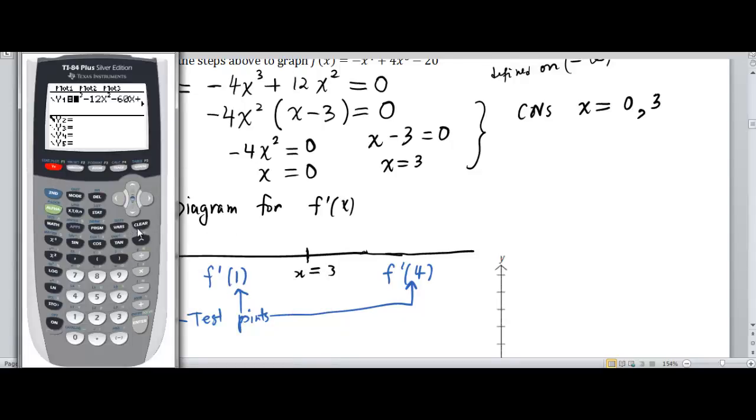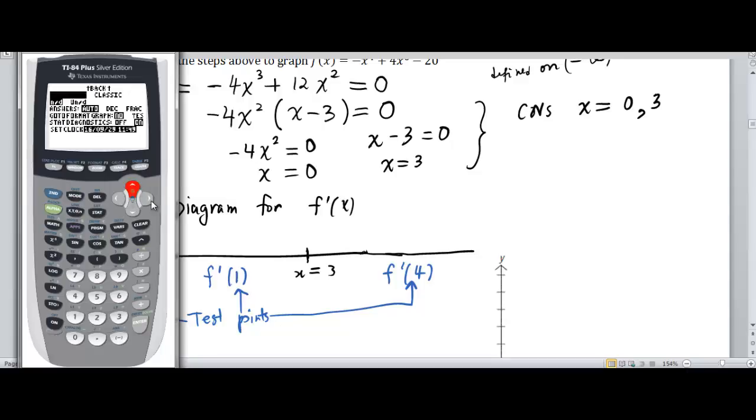Y equals negative 4x cubed plus, oops, that's not cubed. You can hit the up caret also. Let me do that, because some of you have the TI-83 plus, so that would look like this. Just one second.